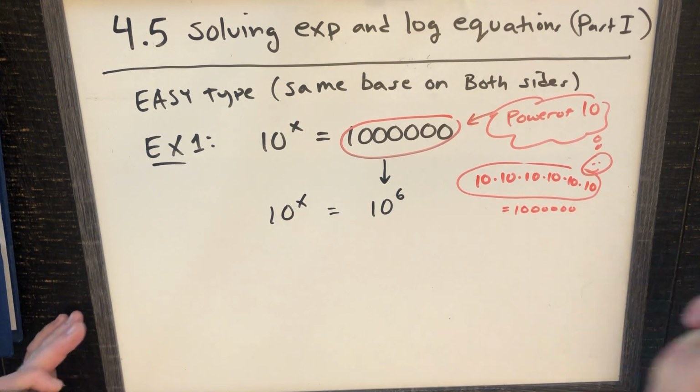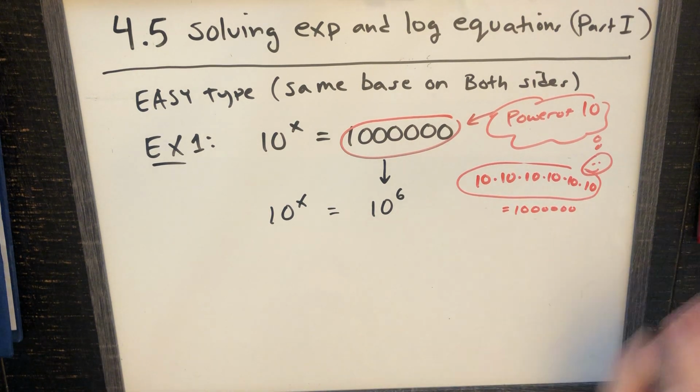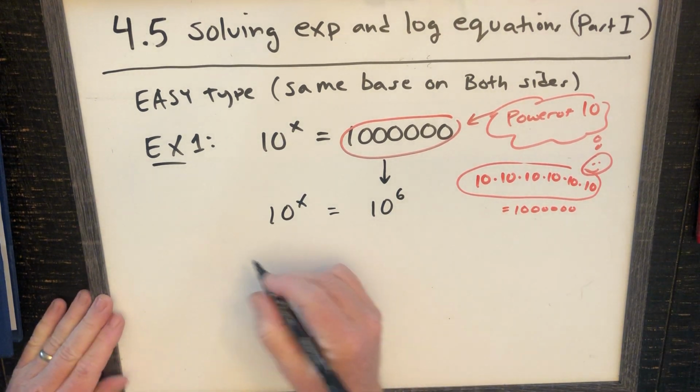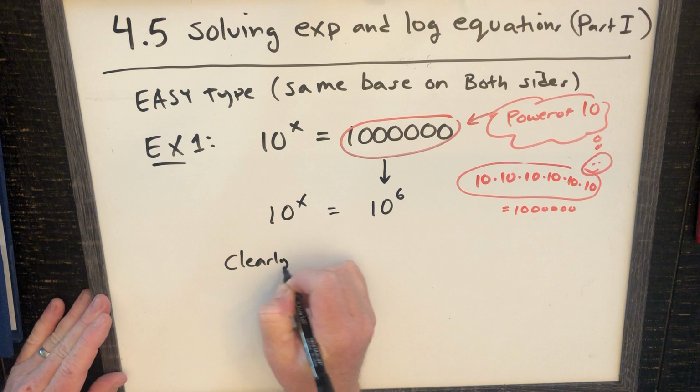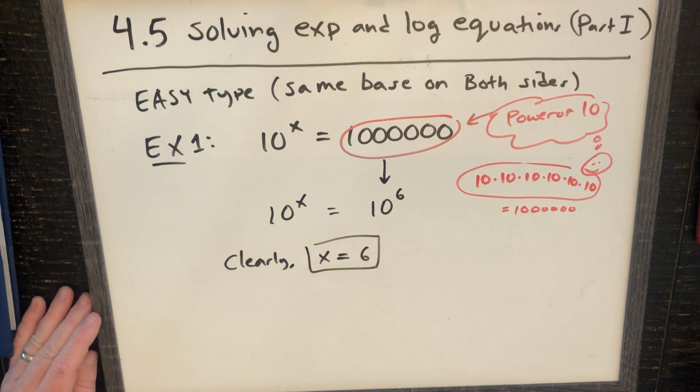So you might not get it on your first guess, but you definitely will get it on your last guess. So if 10 to the x is equal to 10 to the 6th, then clearly x is equal to 6.